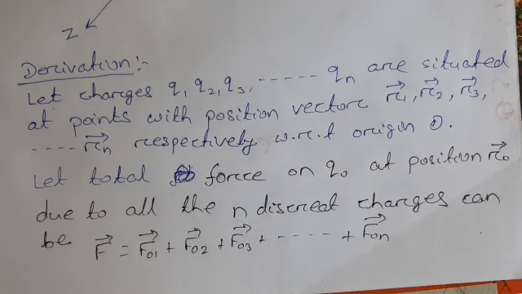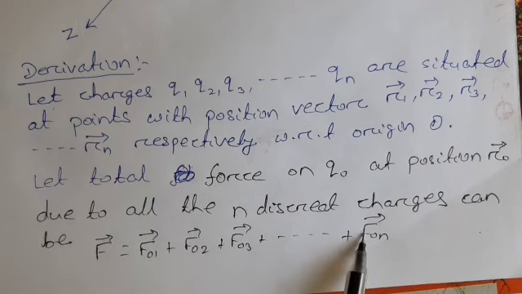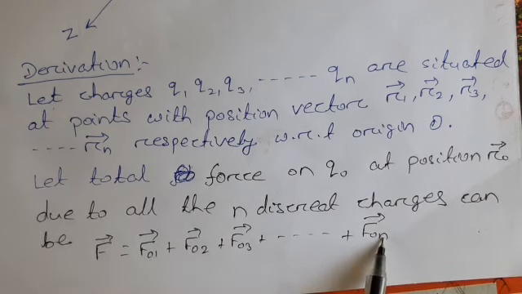Due to these charges, I can write the vector sum according to the statement of superposition principle: the vector sum of all the forces is equal to the total force. So I will write here F vector, the total force, equal to F naught 1, force on charge Q naught due to Q1, force on charge Q naught due to Q2, force on charge Q naught due to Q3, and up to force on charge Q naught due to Qn.